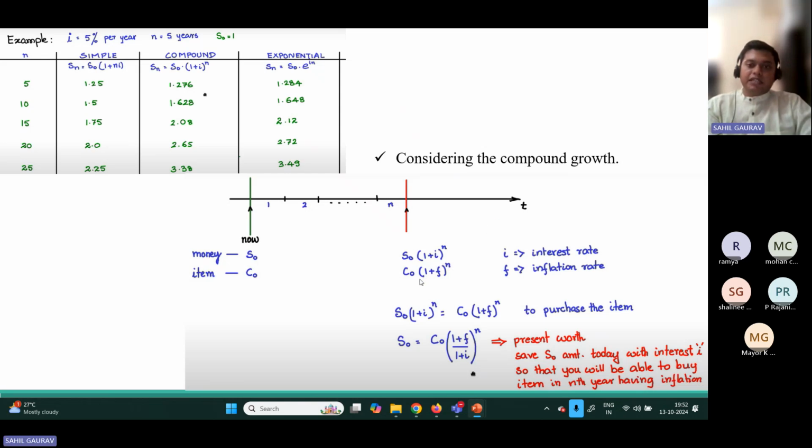If you know the interest rate and the inflation rate, then you know what amount we need today, so that we can spend it 10 years later.